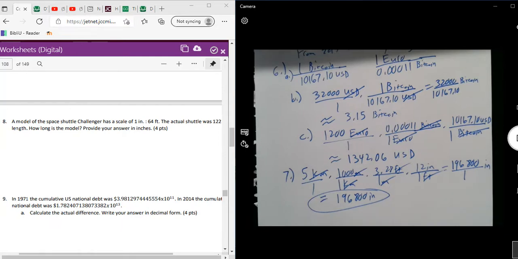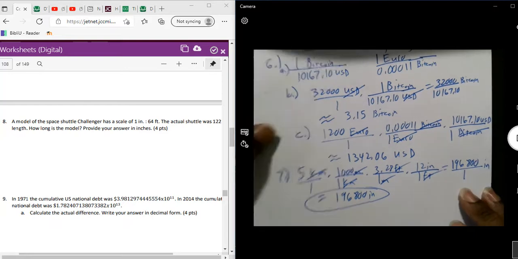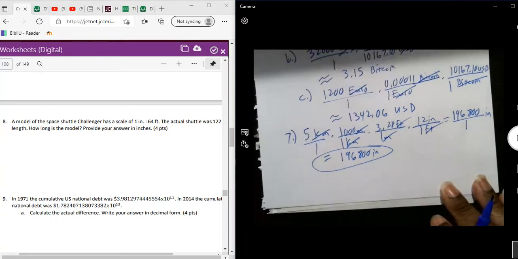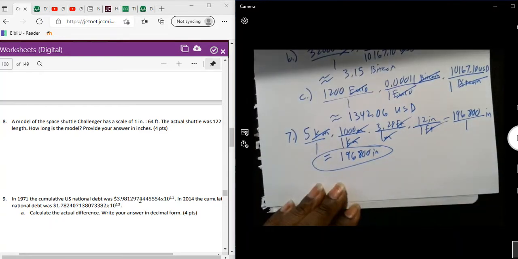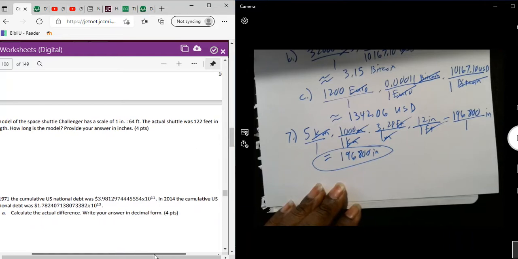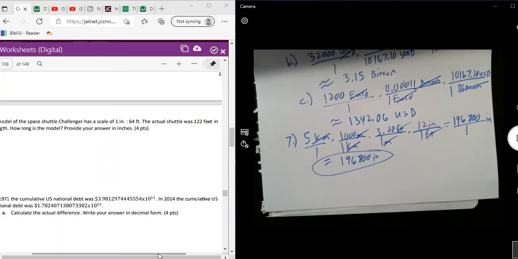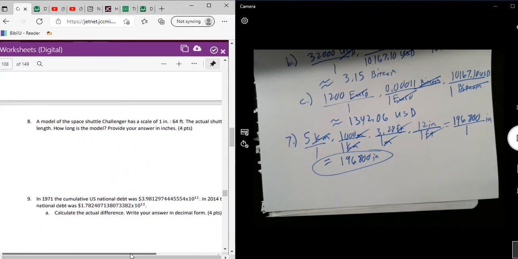The actual shuttle was, hold on, we're having some more technical issues here. Okay, now we should be fine. So it says the actual shuttle was 122 feet in length.